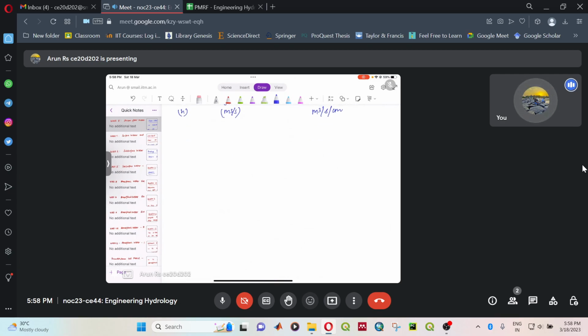For convenience, I am taking the coordinates at every 6 hours, but it is not compulsory to take it at every 6 hours. It can be even less than that or even more than that. So just for convenience, I'm taking it for every 6 hours.